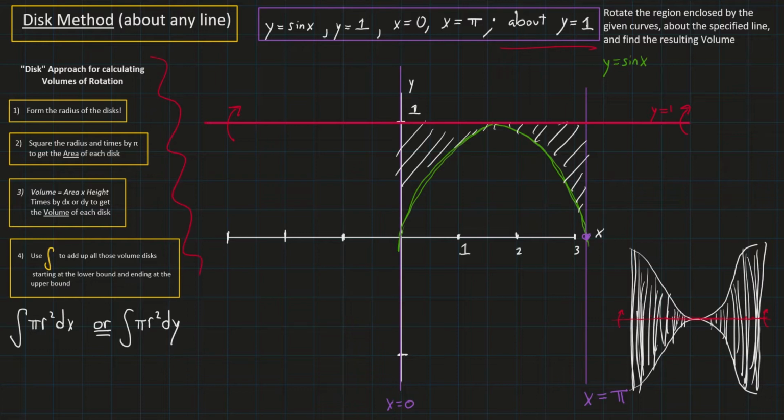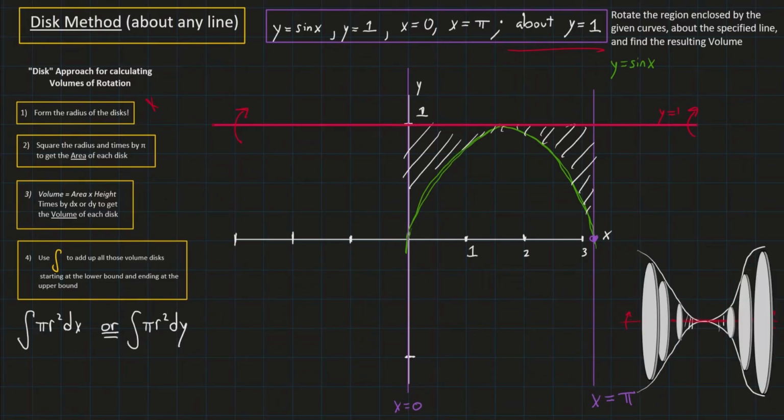Alright, same attack strategy as we're used to. Let's visualize this 3D shape as just a bunch of those disks. So let's try to form the radii of these disks. Well, here are all the radii. On my graph, that would correspond with these lengths right here. Let's put the math to that.